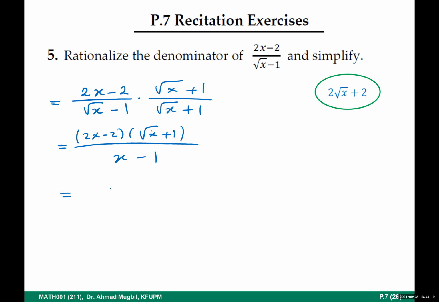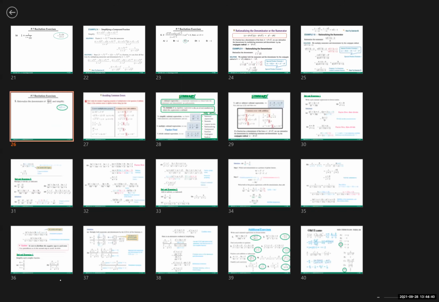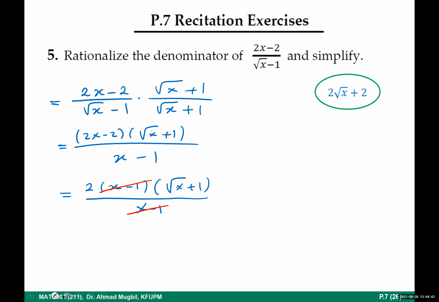Now I have noticed that many of you stopped here. You can simplify. Look here, you have 2x minus 2, so 2 is a common factor. Multiply by square root of x plus 1 over x minus 1. Now x minus 1 here is a factor, and here it is a factor. They can be cancelled with each other. Now what you can do, this will be 2 multiplied by square root of x plus 1.